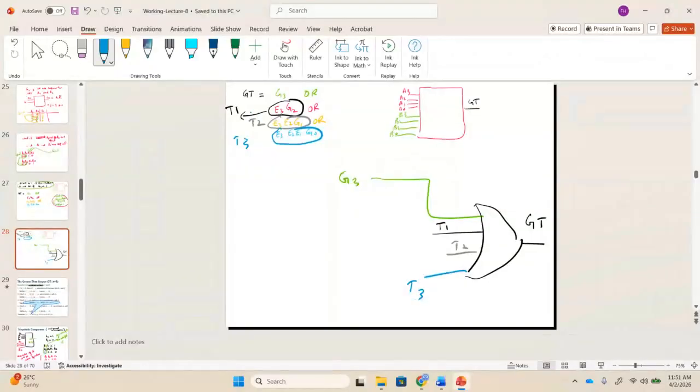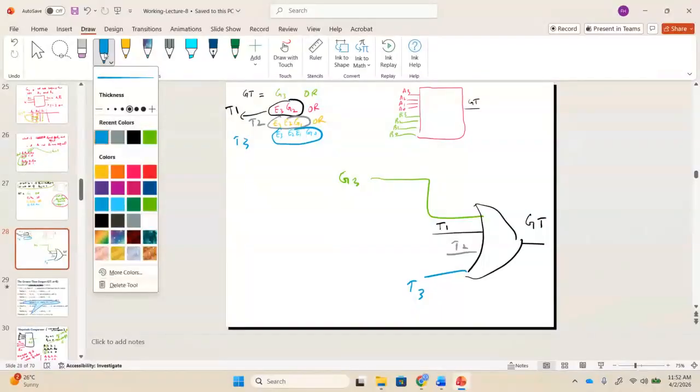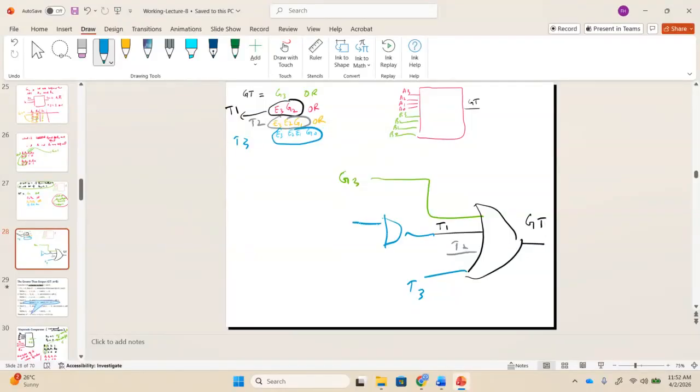Now we have T1. What is T1? If you look at T1, it is actually E3 G2. Please remember, what is E3? Because it is an equal comparator, we will use an exclusive NOR gate.